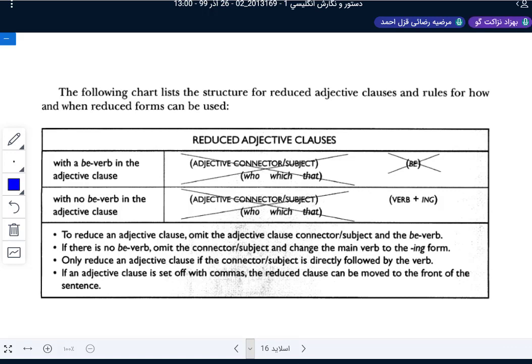Reduce adjective clauses with the be verb: connector, subject (who, which, that), be, with no be verb in the adjective clause: connector, subject (who, which, that), verb plus ing. To reduce an adjective clause, omit the adjective clause connector subject and the be verb. If there is no be verb, omit the connector subject and change the main verb to the ing form.